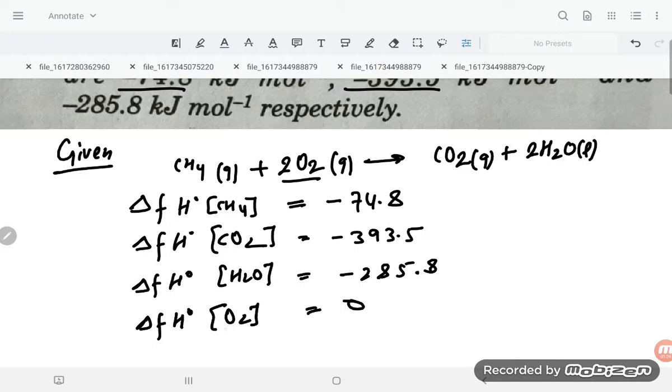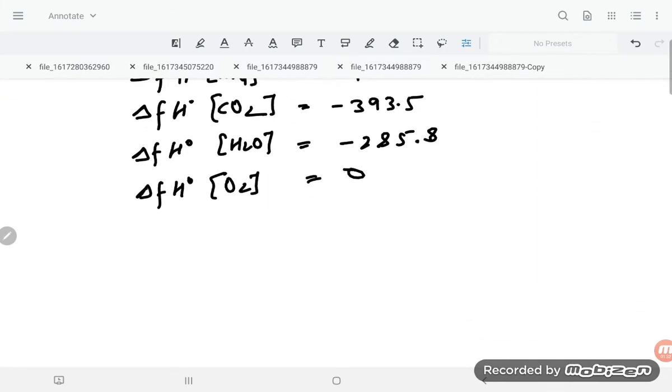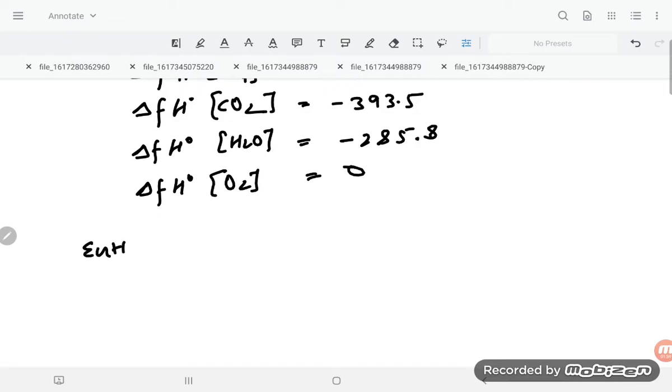So what are they asking, students? Delta r H, the enthalpy of reaction. How do we calculate the enthalpy of reaction?